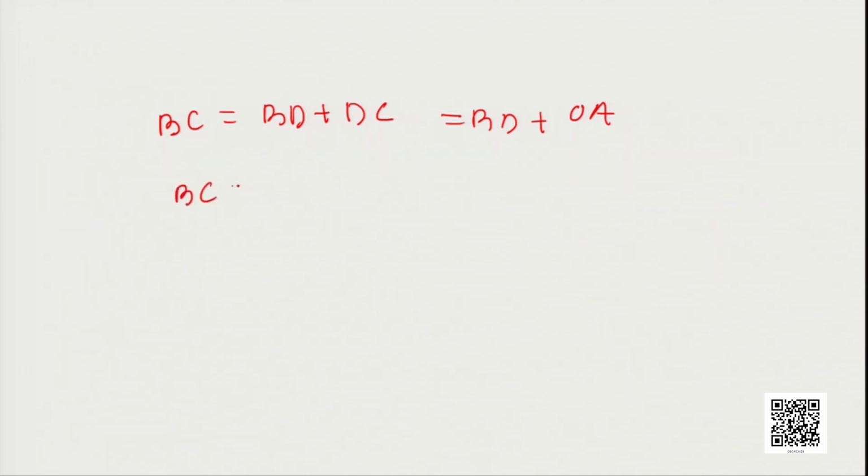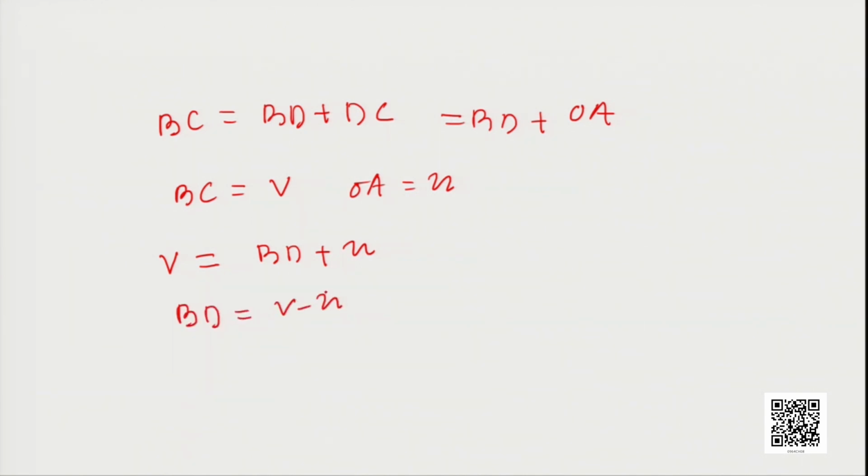From the graph, BC is the final velocity v, and OA is the initial velocity u. So by substituting these values, we can write v = BD + u, or BD = v - u.